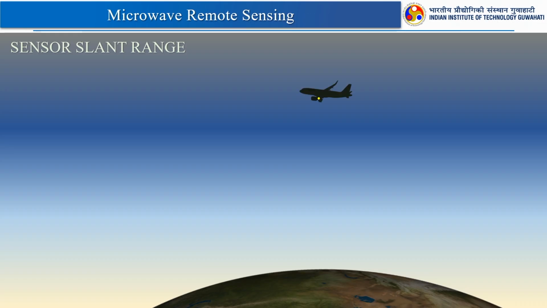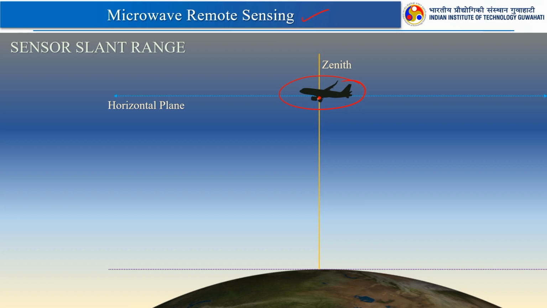Here, to explain the different viewing geometry of the microwave sensor, I am using the same slides. So, hope you will be able to understand easily. Here this is the aeroplane I am referring to, and here we have a sensor, right, and this is the nadir, which is perpendicular to the ground, and this is the beam which is illuminating this particular area.